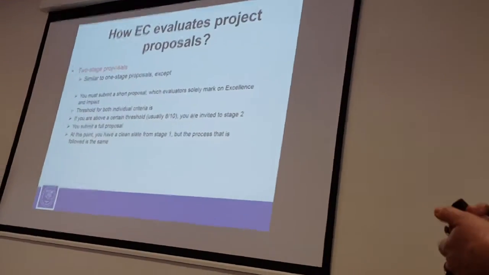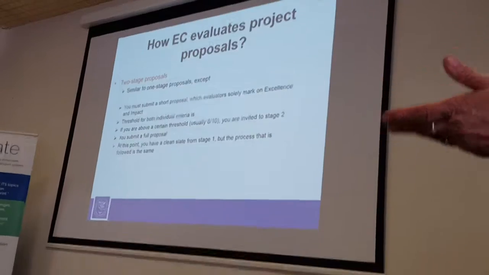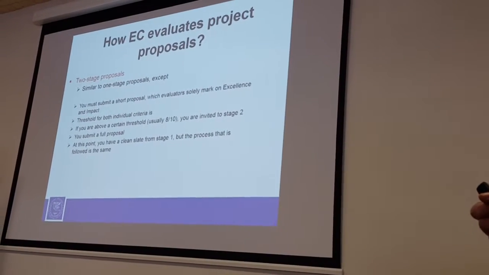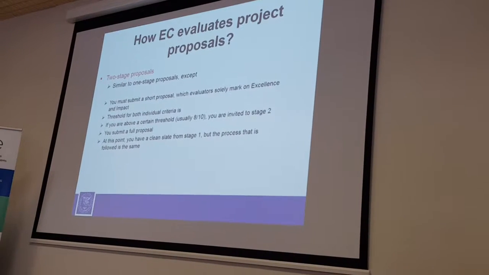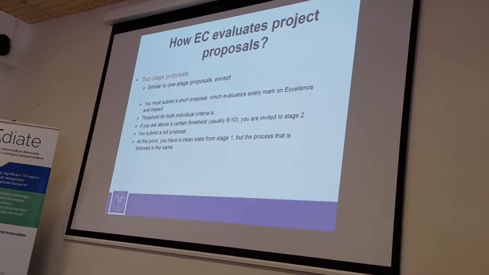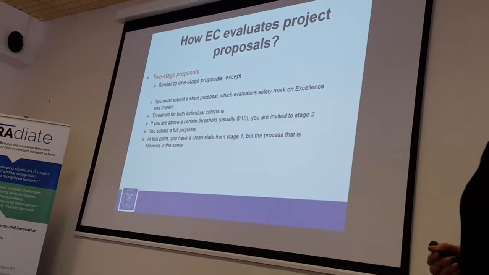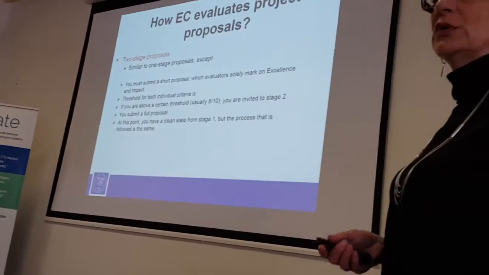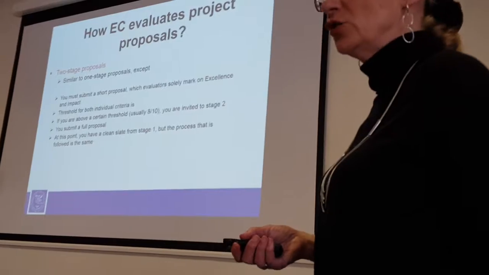If you are above a certain threshold, which is usually 8 out of 10, you are invited to stage 2. Then you submit a full proposal, and at this point you have a clean slate from stage 1, but the same process is followed as for 1-stage proposals.